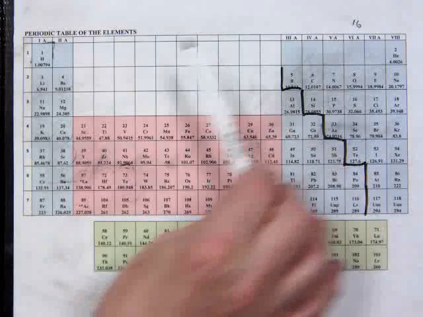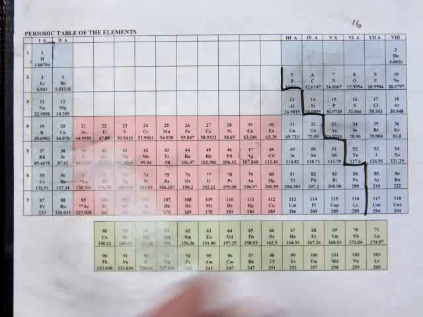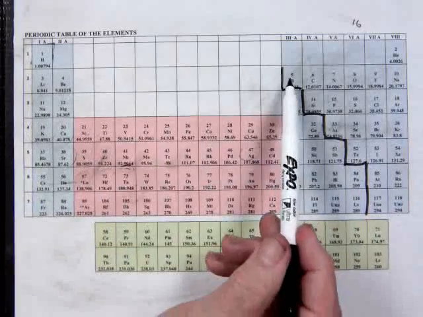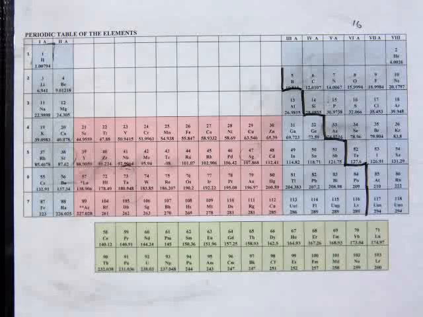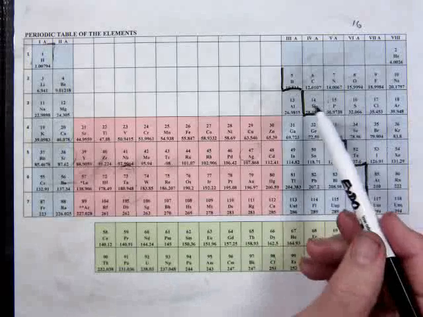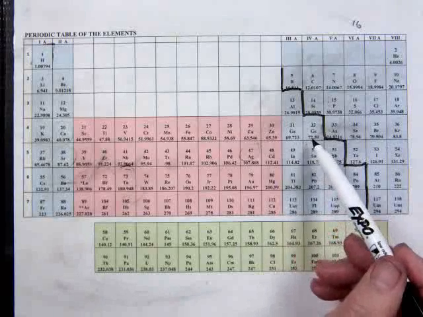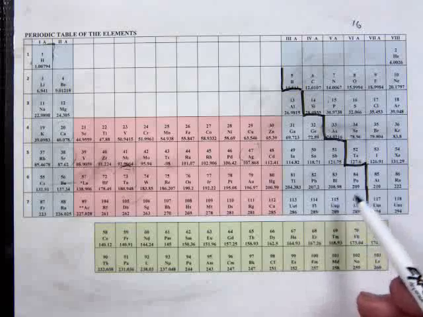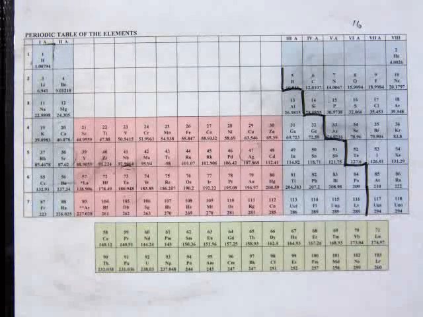Those on the left of this are metals, and those on the right of it are nonmetals, and those that touch the line are metalloids. So if we look at boron, silicon, aluminum, germanium, arsenic, antimony, tellurium, polonium, astatine, those are metalloids.